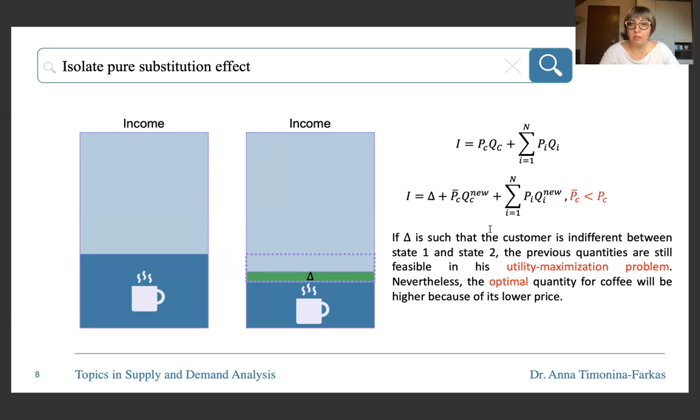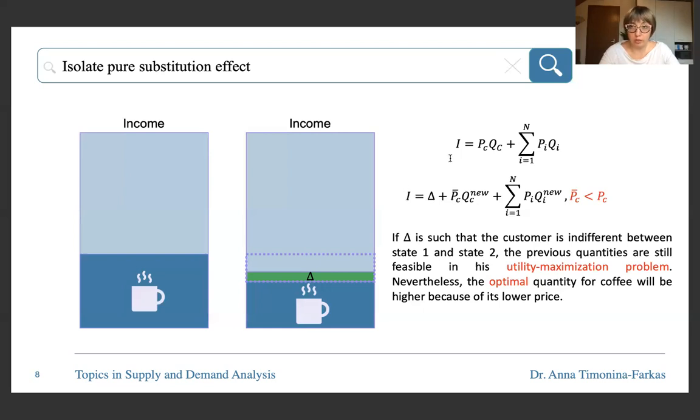As soon as the customer decides on the quantity he purchases by utility maximization, he uses either this or this as a constraint. And it is very important that by using this data, we actually reduce the income effect. So we isolate only the substitution effect.